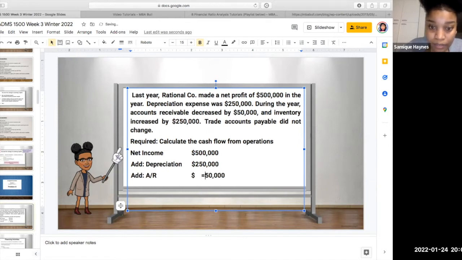And then the next thing we notice is that inventory increased by $250,000. So if inventory is going up, what is happening to our cash? It is going to go down by 250. Very good. Thank you.